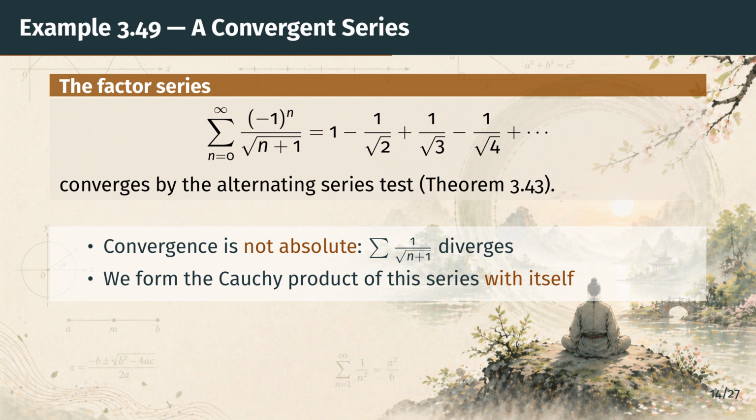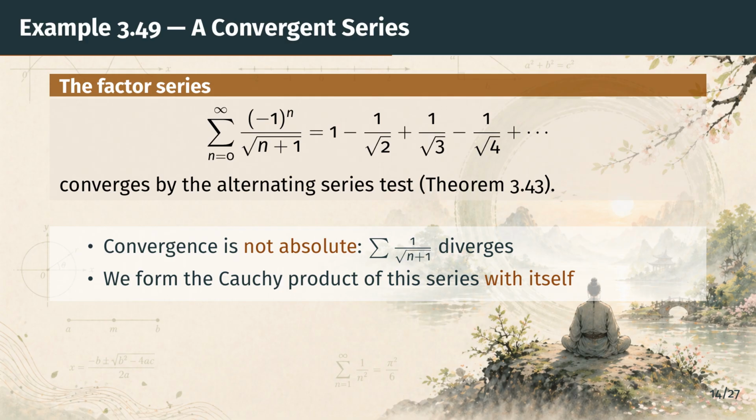But notice the first bullet. The convergence is not absolute. The absolute values form essentially the series of 1 over the square root of n, which diverges, since we know the series of 1 over n to the power p diverges whenever p is at most 1. Keep that in mind for later.